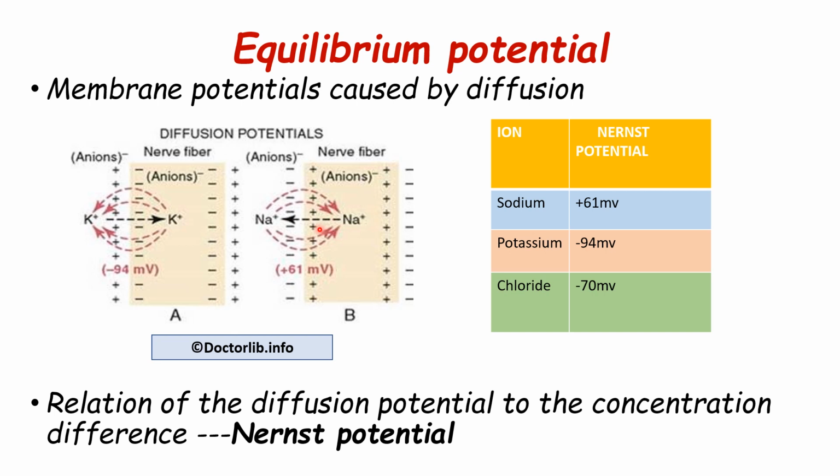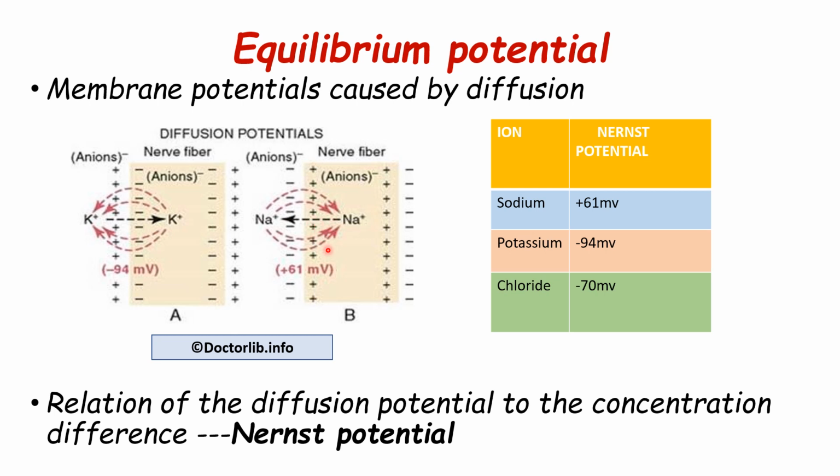An electrical gradient is created, and sodium will start moving out against its concentration gradient until the Nernst potential of sodium is achieved, which is plus 61 millivolts, and then there is no net transfer of sodium ions. Here the resting membrane potential will be plus 61 millivolts.